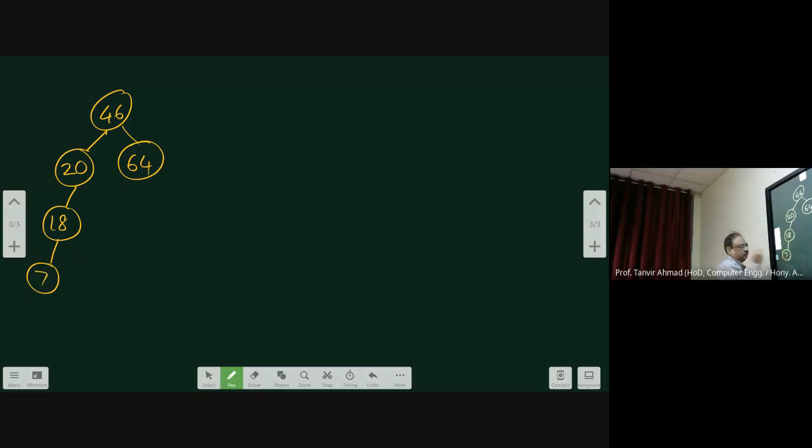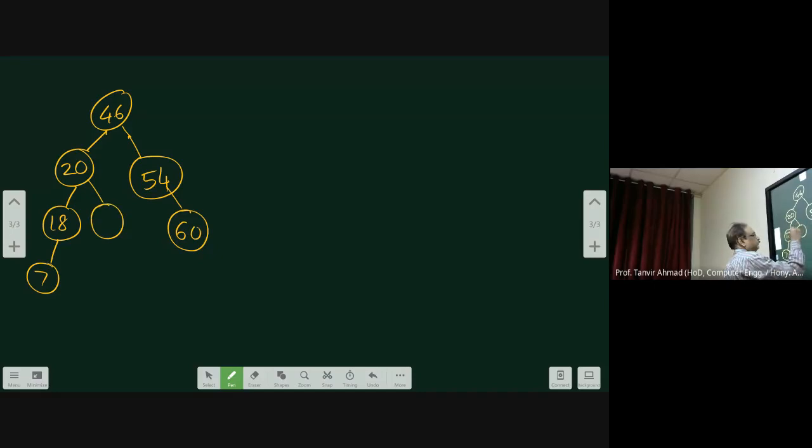I am trying to do it from the book because you will be following it. This is the tree at some point of time.